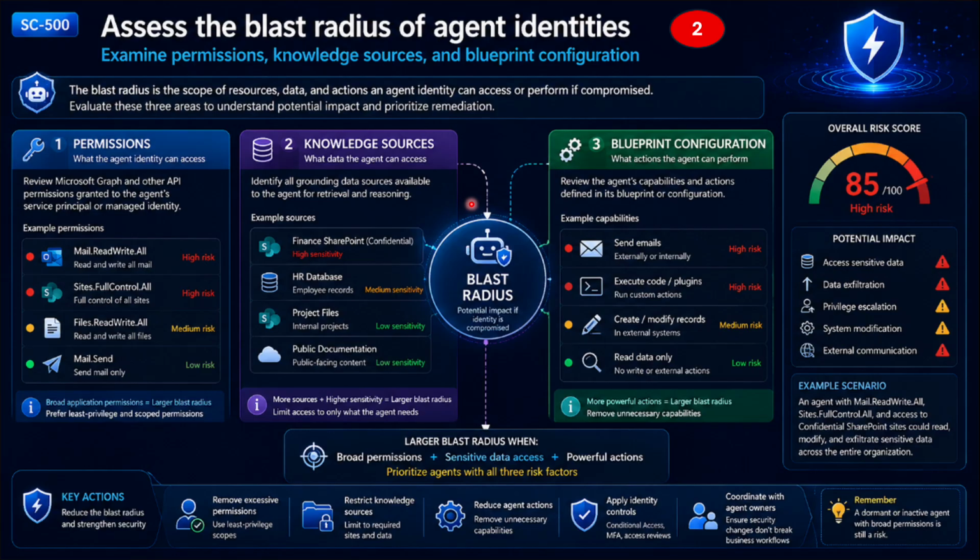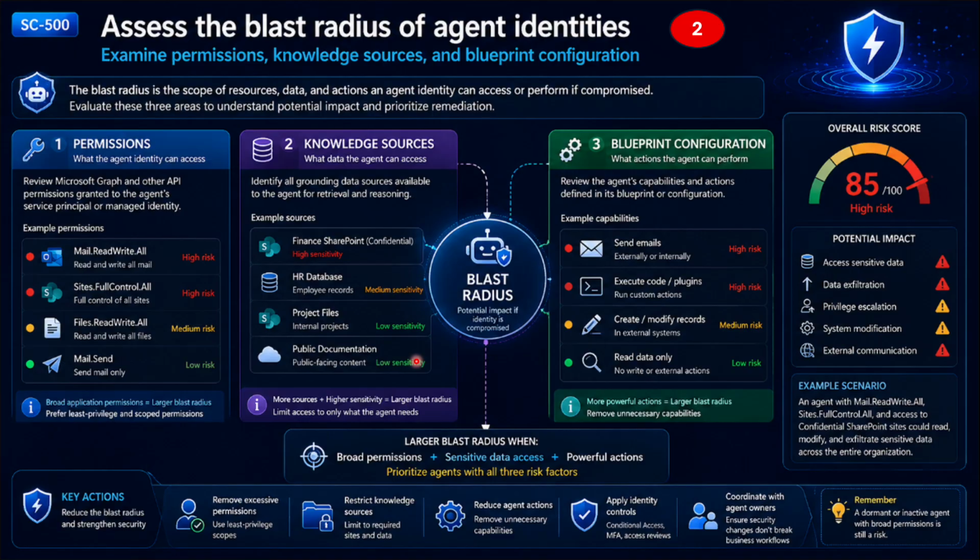Some example focus areas are, what SharePoint is the agent able to access, right? And how sensitive is that data? Is the agent accessing HR databases or employee records? Is the agent accessing project files or public documentation, which would be low severity in that case.